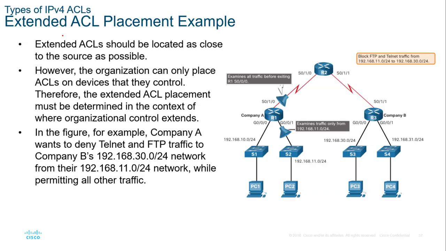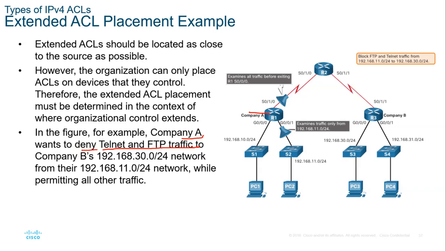So here, do we have an example? In the figure, an example: company A. Where is company A? It is this router here, the entire router. Company A wants to deny telnet and FTP traffic, so two traffic types, telnet and then FTP.